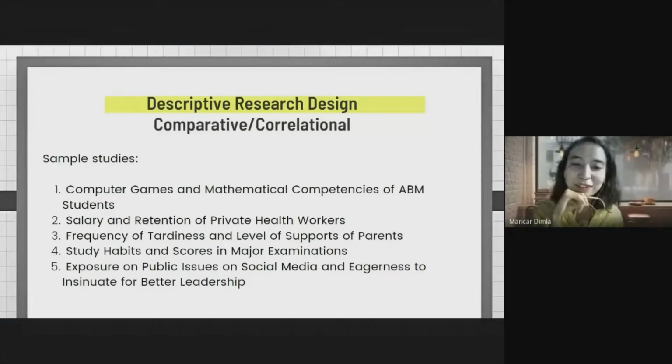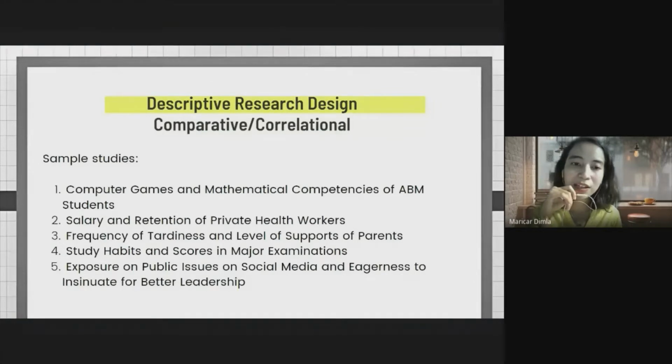Siguro depende to, no, on the perception of who is reading. So, it's a matter of visiting the statement of the problem in determining which one is the IV and the DV. Okay? But our independent variable here is the level of support of the parents and the frequency of tardiness.